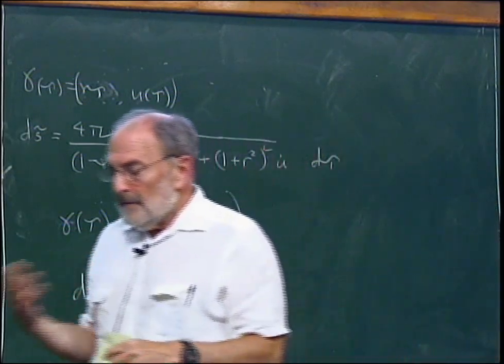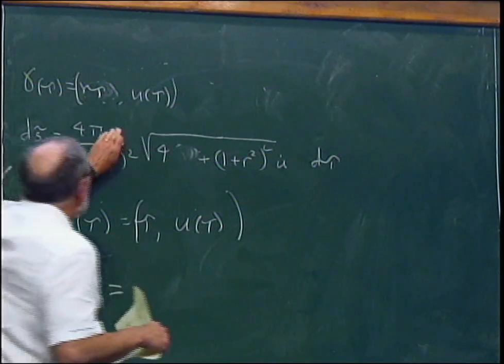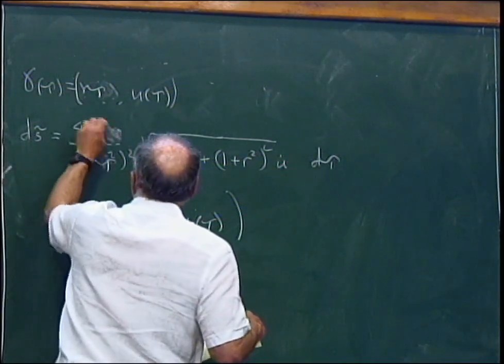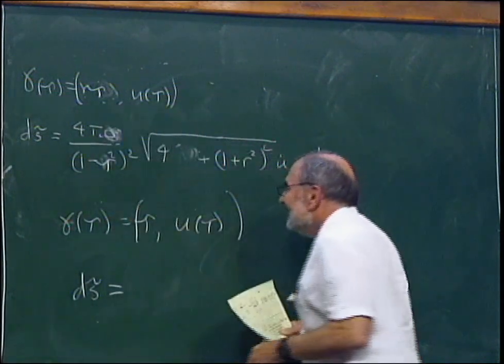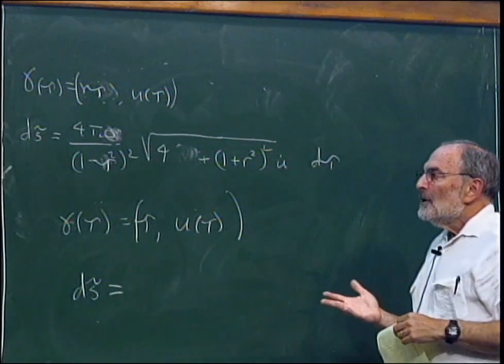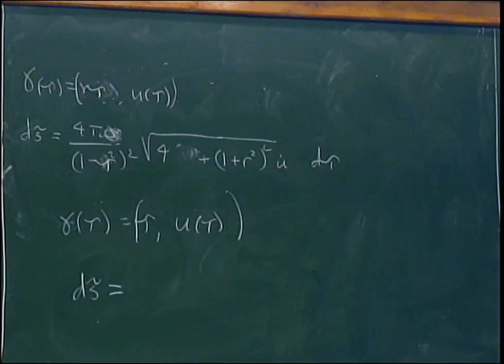And you can use the Euler-Lagrange equations to get geodesics. So geodesics in this metric correspond to minimal annuli.